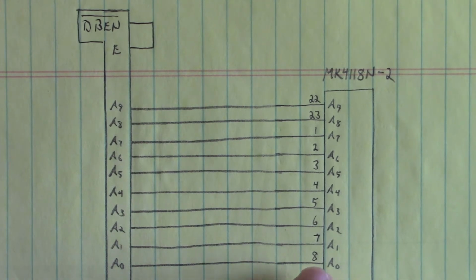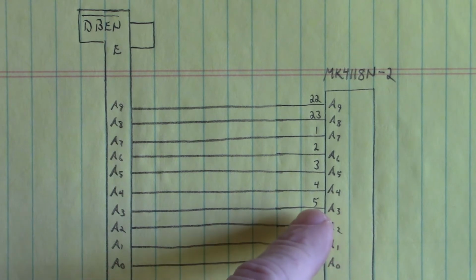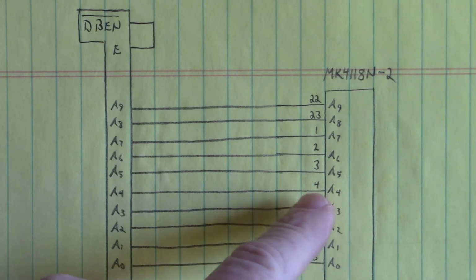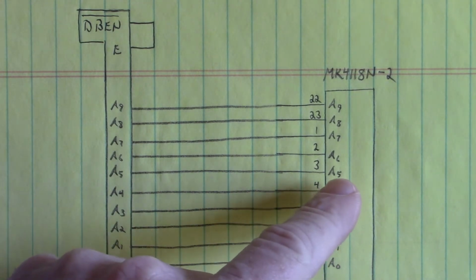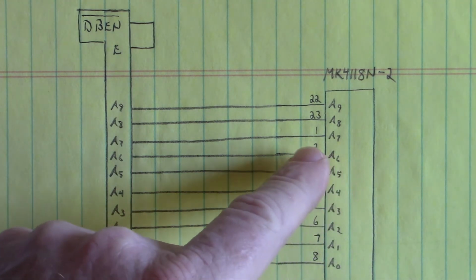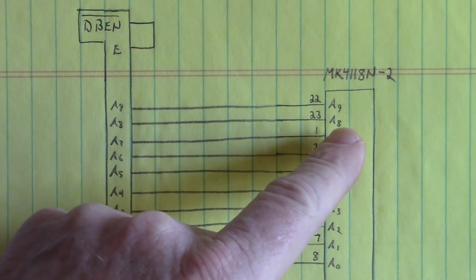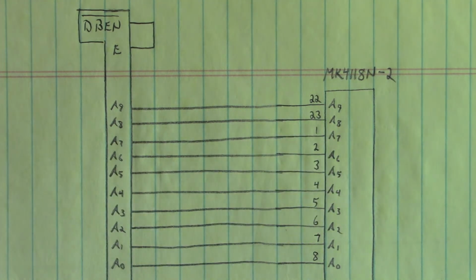A0 being on pin 8, A1 on pin 7, A2 on pin 6, A3 on pin 5, A4 on pin 4, A5 on pin 3, A6 on pin 2, A7 on pin 1, A8 on pin 23, and address 9 on pin 22.